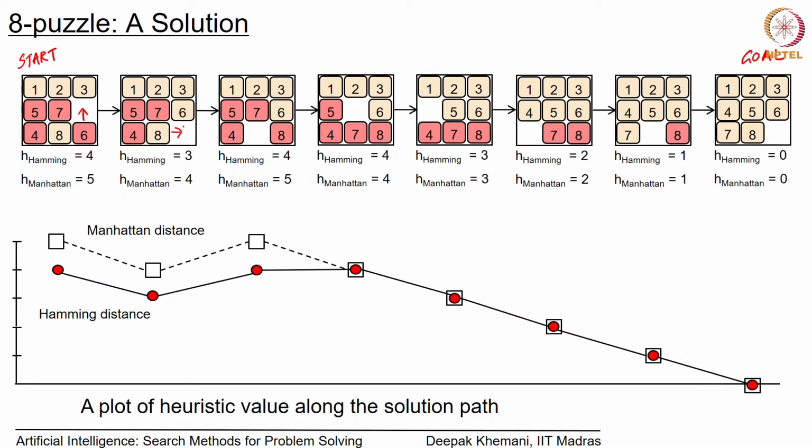From the states 4 onwards you can see Hamming distance and Manhattan distance is same, because essentially there are 4, 3, 2, 1 respectively tiles out of place, and each of them is exactly one move away from their destination.